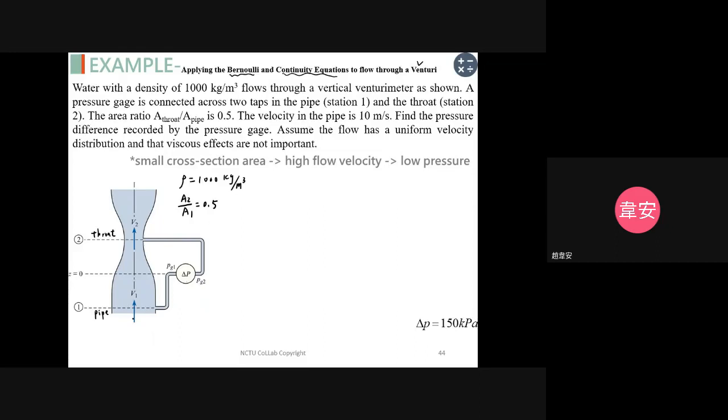We also know that the velocity V1 here is 10 meters per second.